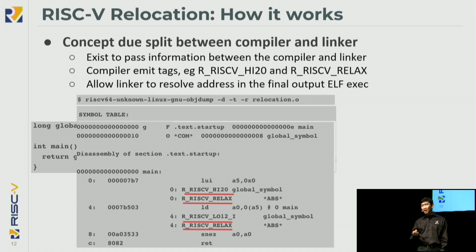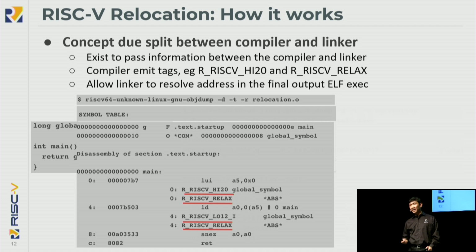Now, if you actually compile that and take a look at the .o file, you will see that the RISC-V compiler generates two tags, which are R_RISCV_HI20 and R_RISCV_RELAX. This is that special tag I mentioned that the compiler generates so the linker can use it.